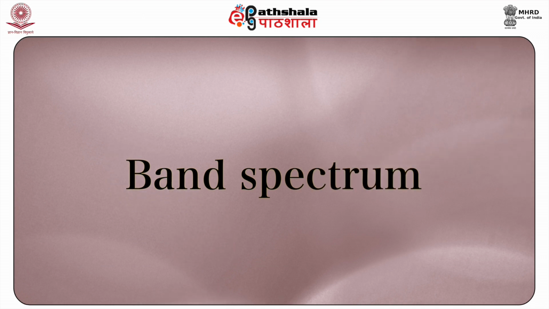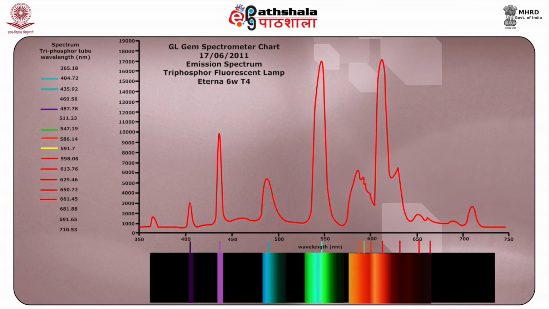Next, we are going to discuss a band spectrum. When the thermal excitation given to the molecules of a substance is not enough to lead to a continuous spectrum, we get a band type of spectrum. In this case, we get spectrum in the form of a huge number of bands different in color.